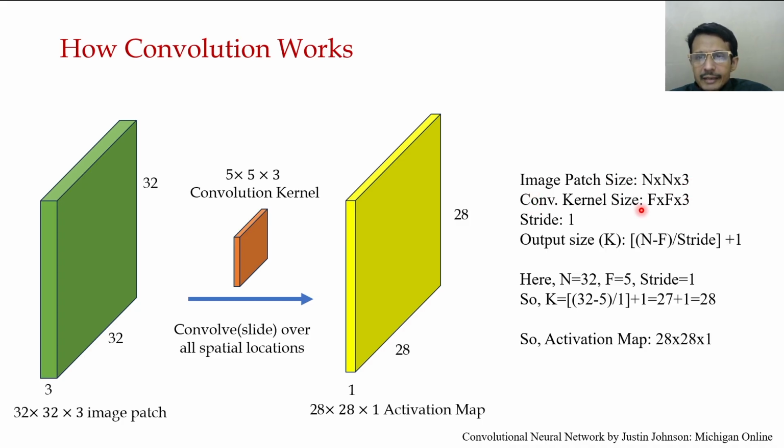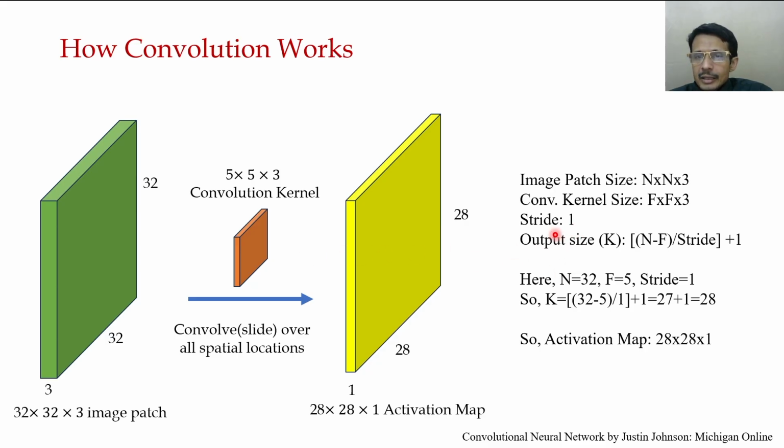Similarly, the convolution kernel size is f cross f into 3, where f is equal to 5. We also discussed what we mean by stride. Stride is basically how we are sliding. We assume that we are sliding by only one element or one position, that means the stride is 1.